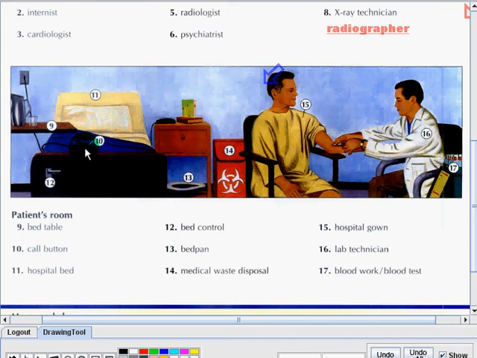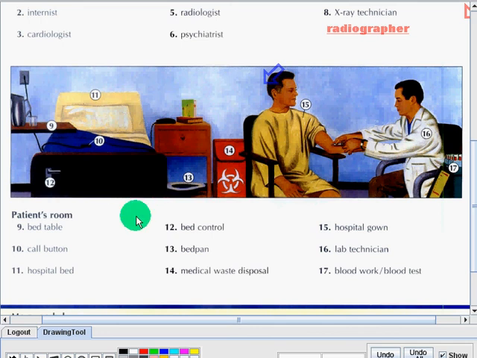Next, in number 11, we have the hospital bed. And then in number 12, the bed control. You can adjust your bed just by pulling it up or down.